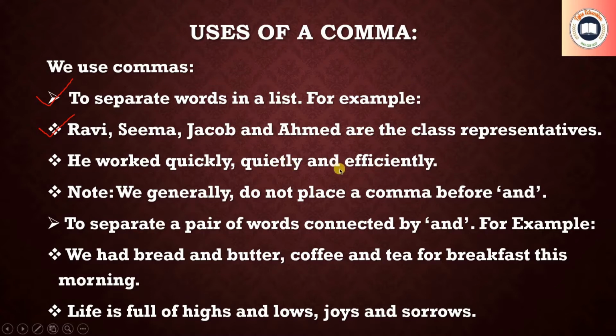And here after quietly I have used and instead of comma. As I said in the previous example, if there is only one adjective or one word after and, it is because there is only one thing after the other word. After quietly there is only efficiently. So we can use and. We don't need to use comma here.